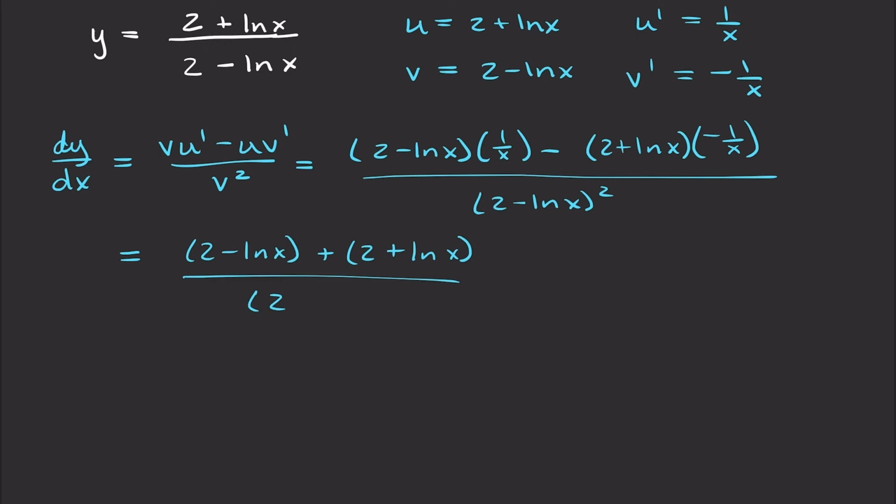And then I have 2 minus ln of x squared, and my x on bottom that I got from both of these terms. Okay, and then I have a minus ln of x here and a plus ln of x here. And then I have a 2 and a 2 that are going to add to give me 4. And so I'll be left with 4 over x times 2 minus ln of x all squared.